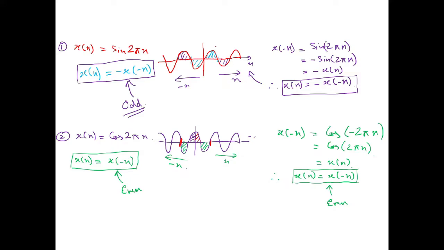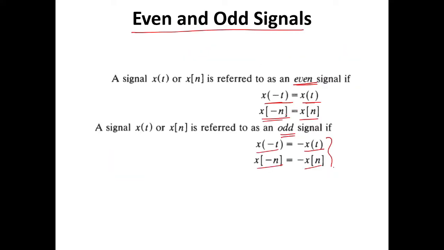In the first case, if we have a sinusoidal signal like this, if we consider this part, and if we consider this part, say a of t is equal to minus of a of minus t, or a of minus t equals plus a of t.